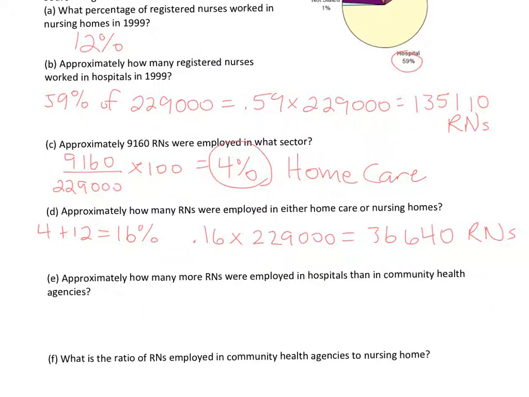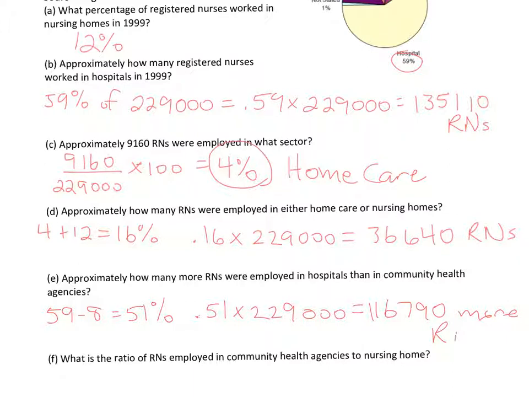So if I take 59% and I subtract the 8% that are working in community health agencies, I get 51%. And I'll just do my multiplication. So 0.51 times 229,000, and that gives me 116,790 more RNs in hospitals than in community agencies.